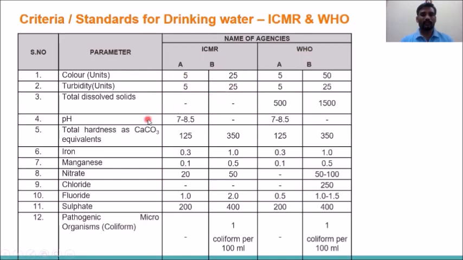For pH, the WHO recommendation is 7 to 8.5, and a similar recommendation is given by ICMR. The total hardness minimum level is 125 ppm and the maximum level is 350 ppm. Similarly, there are different ions and levels that should be present for drinking water purposes. So we need to meet all these criteria before drinking.